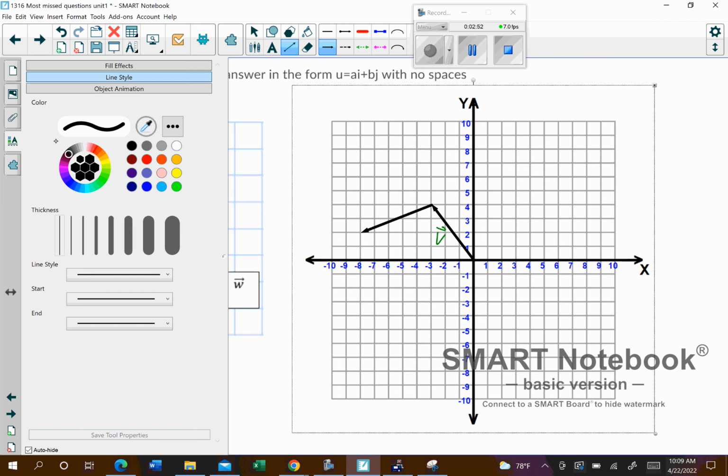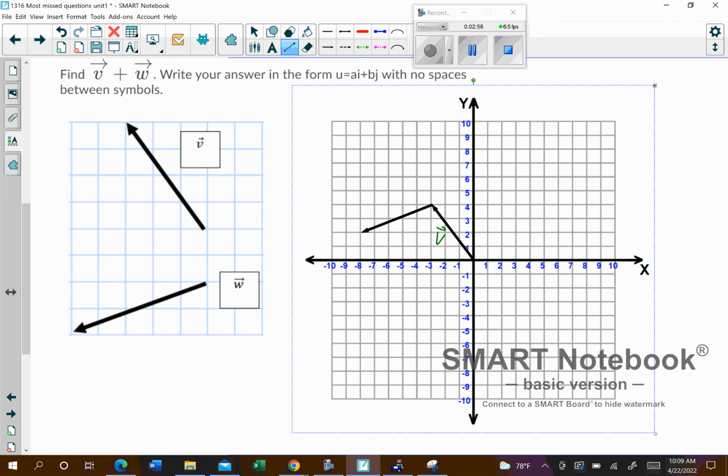I'll try to color code this. We'll do it in red. It creates this red vector right there, and that's what we're trying to figure out. So I've got v, and I've got w, and we're adding those two vectors together, and I end up with this red vector. And now we're calling that vector u.